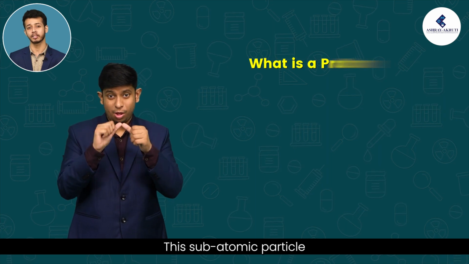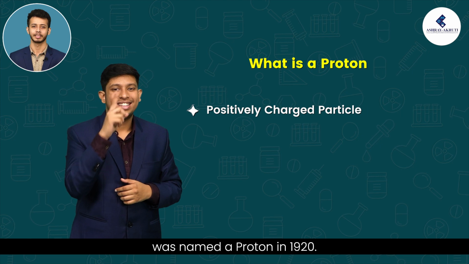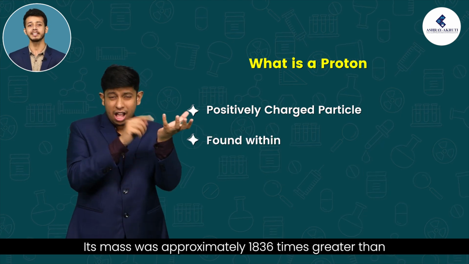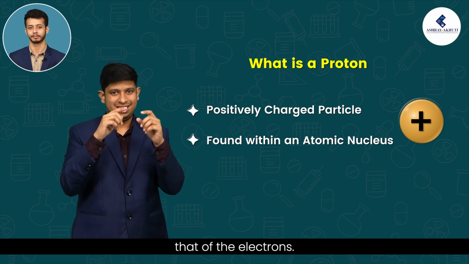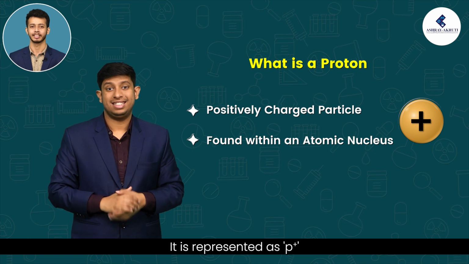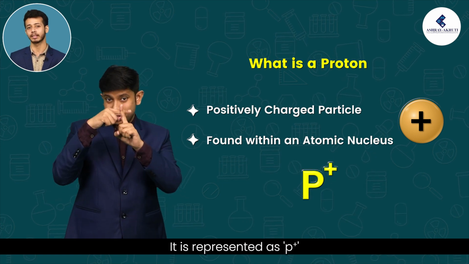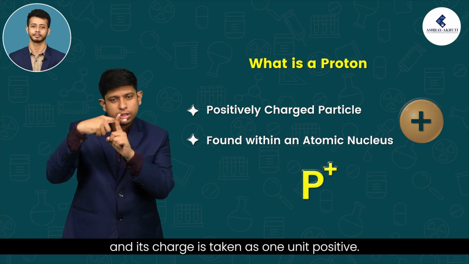This subatomic particle was named proton in 1920. Its mass was approximately 1836 times greater than that of the electron. It is represented as p+ and its charge is taken as 1 unit positive.